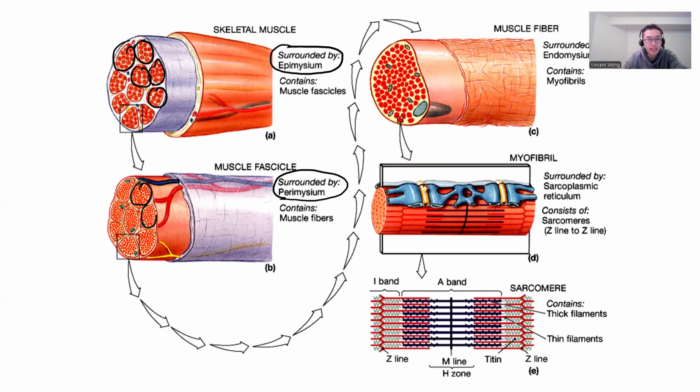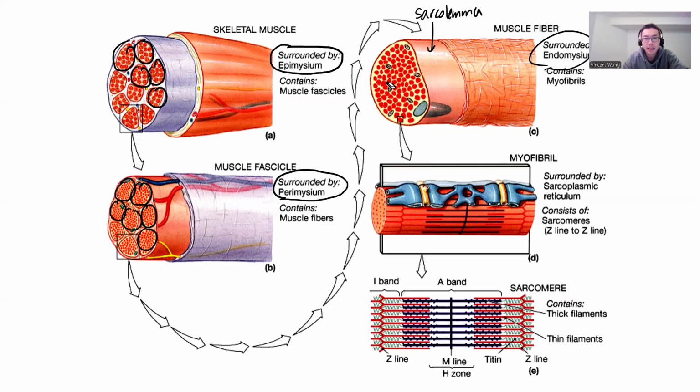Each one of these is an individual cell, very, very long. When you pull this out, you can see it's surrounded by yet another layer of connective tissue, the endomysium. And this right here would be the sarcolemma, which is the cell membrane.